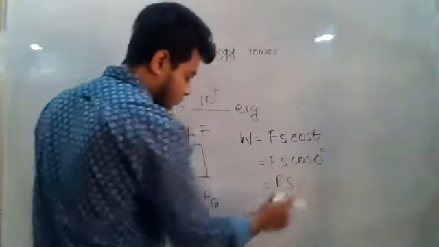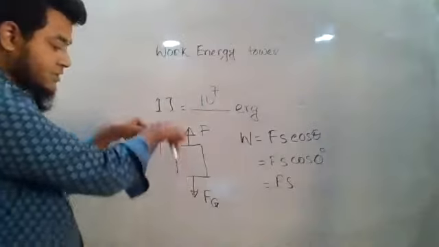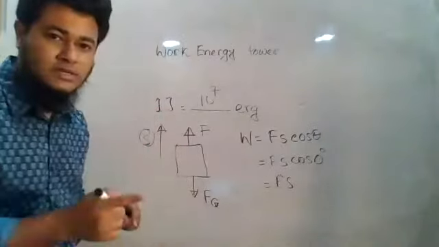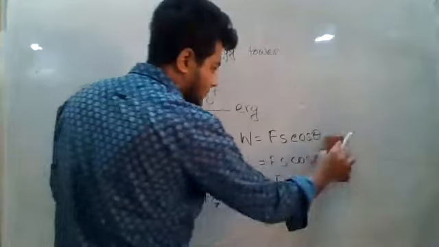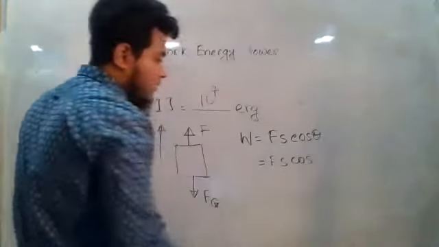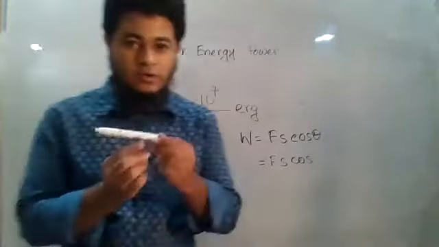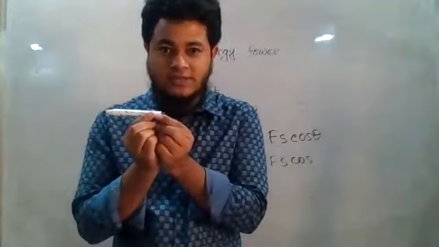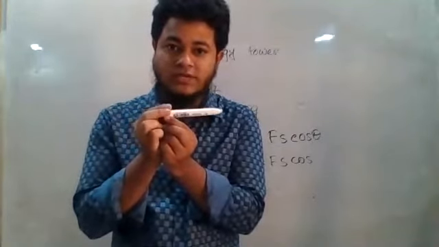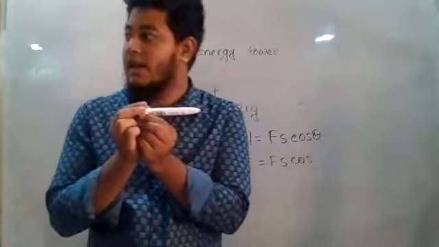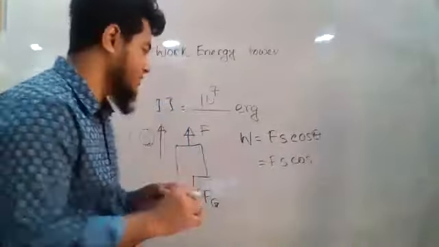Now, when the force and the displacement are in the opposite direction, can anybody tell me what the angle between them is? 180 degree. Because if the force is applied in this direction and the displacement is taking place in the totally opposite direction, the angle between these two will be 180 degree.